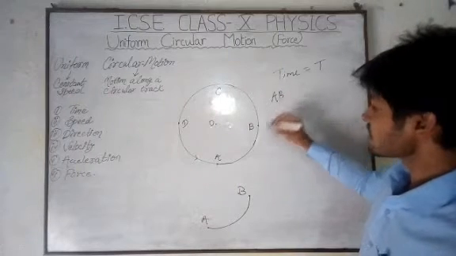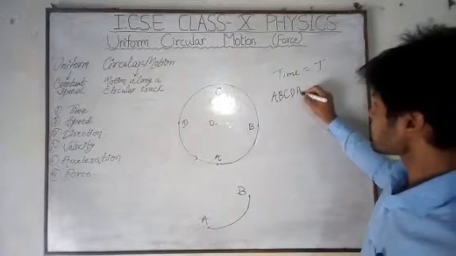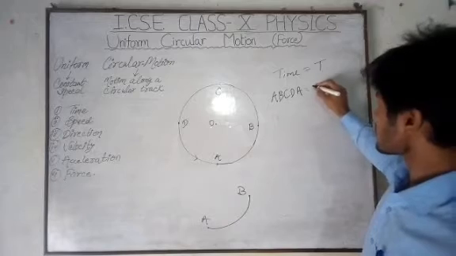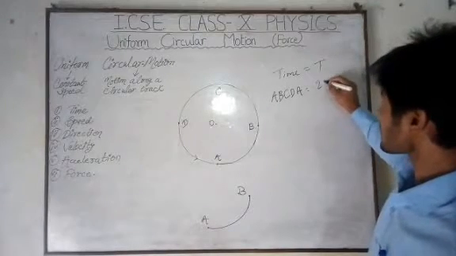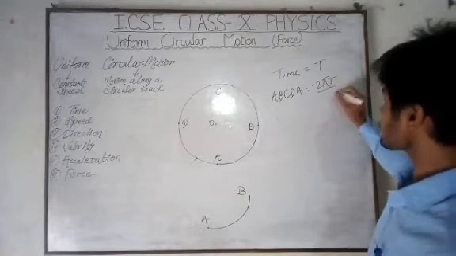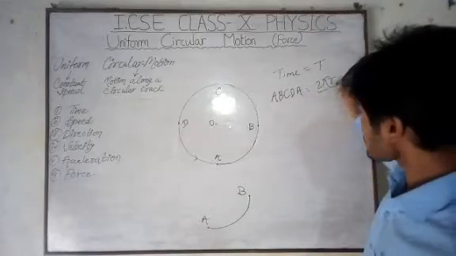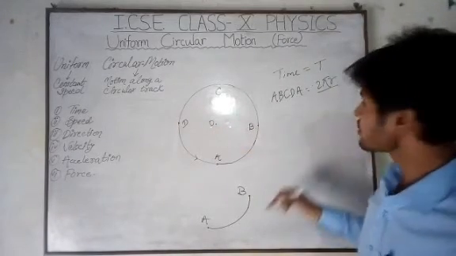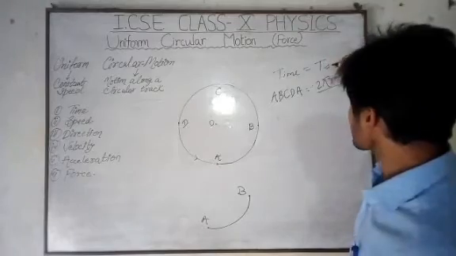To cover the distance A, B, C, D to A, which is the circumference, 2 pi r, the particle takes the time t.